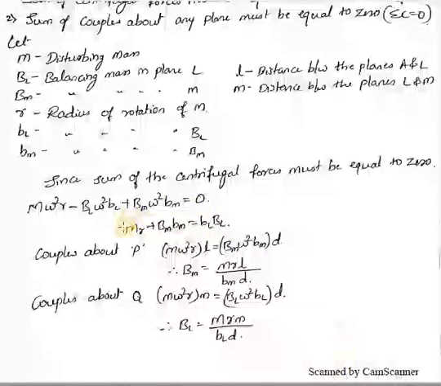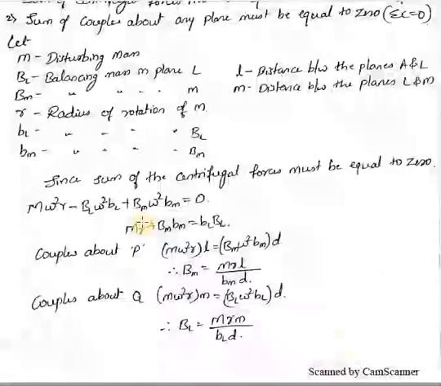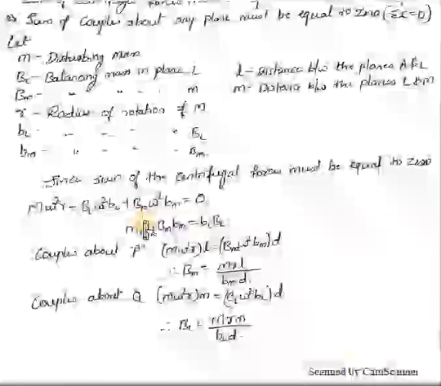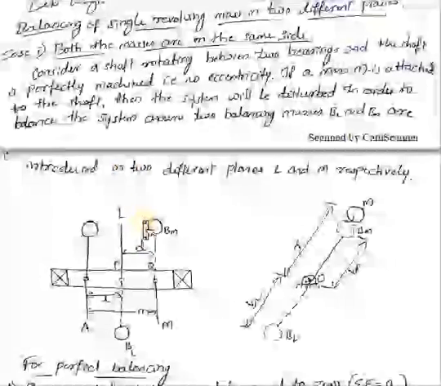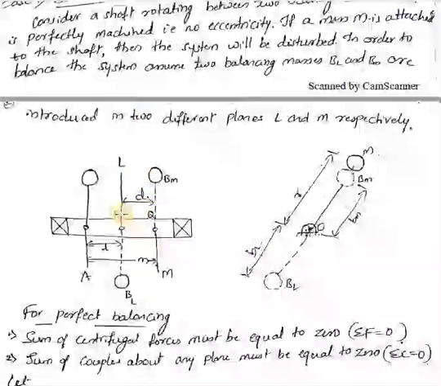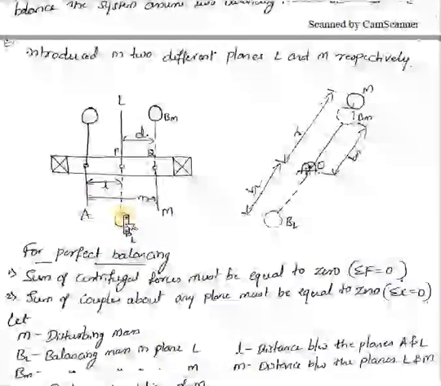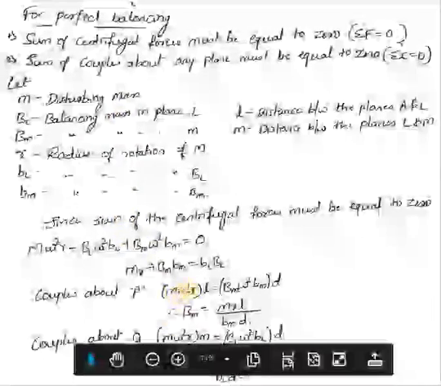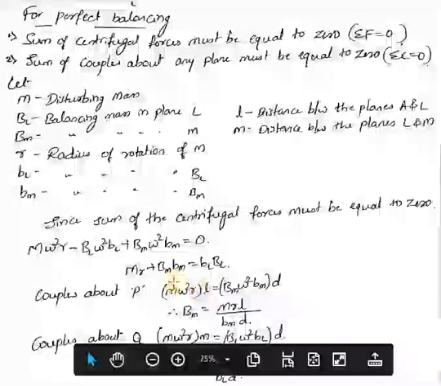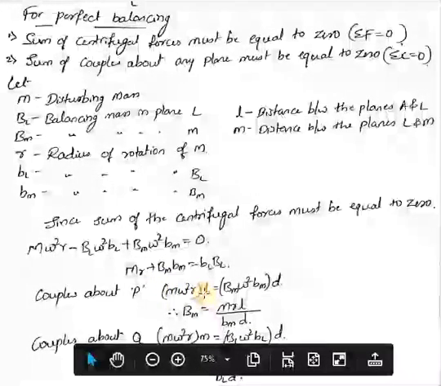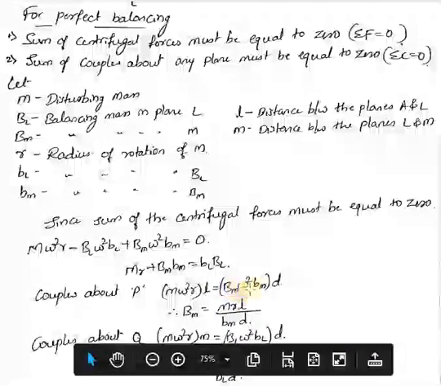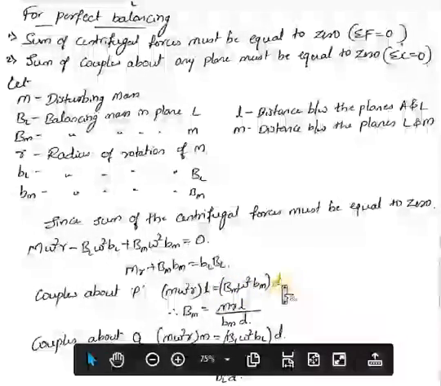Now take the couples about point P. Taking the couple about this point P, we can write the couples as M omega square r into l, this is the force and this is the distance, which should be equal to BM omega square bM into d.